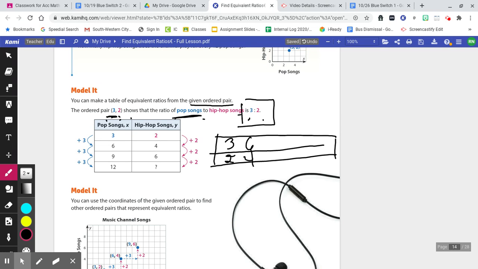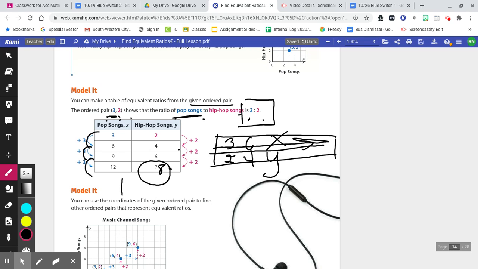The first column is always my X, just like that was my X, and this is my Y. And that's going to be important to know as we go on to graph our relationship. Notice that each time they added 3, added 3, added 3, and with the hip hop songs, every time they added 2, every time they added 3 on the other side. I wonder what 12 would be. Well, you already know the answer would be 8.